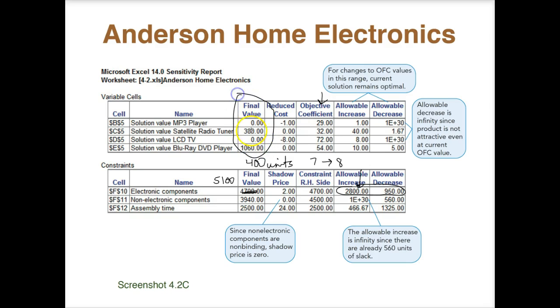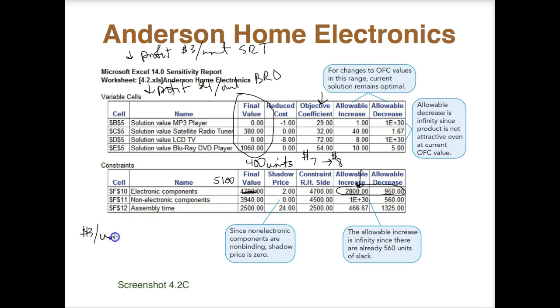Since we'll keep the same solutions, a $1 increase in cost of the electronic components is basically going to decrease profits by $3 a unit for the satellite radio tuner, and by $4 a unit for the Blu-ray DVD player.